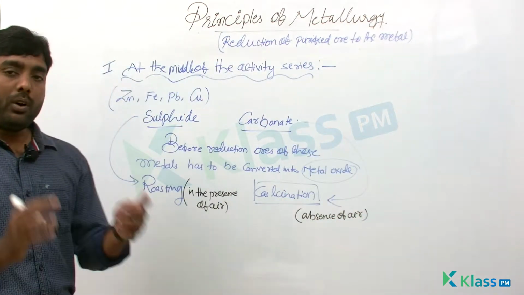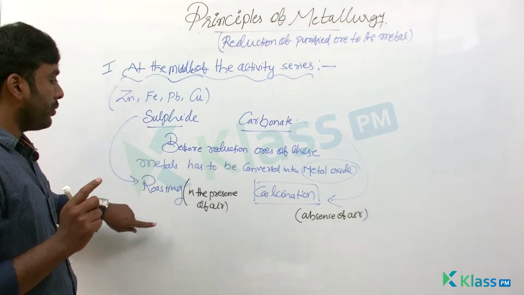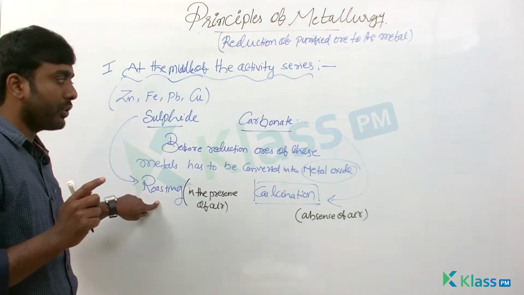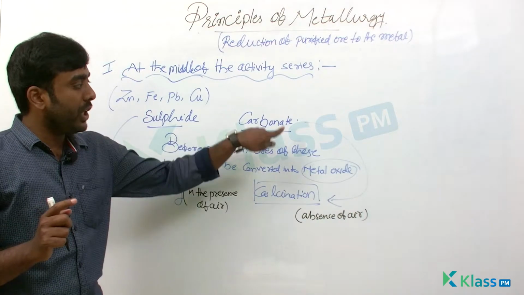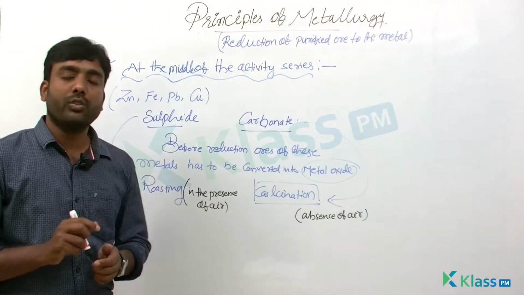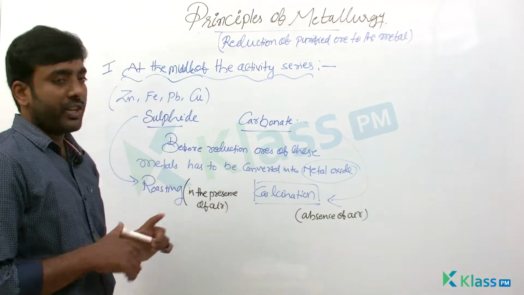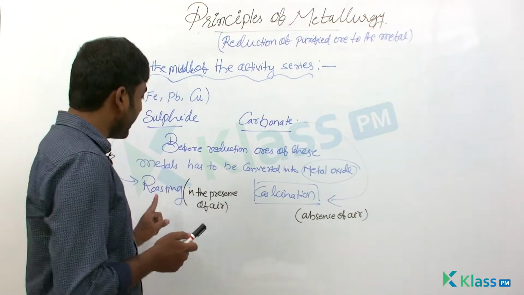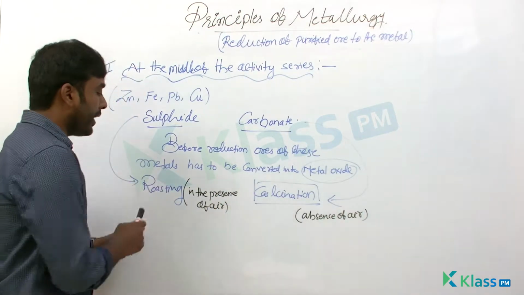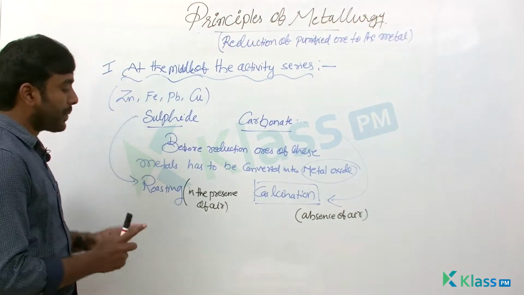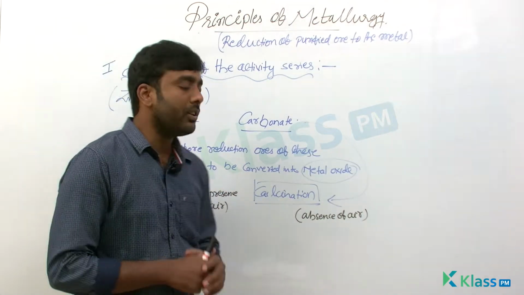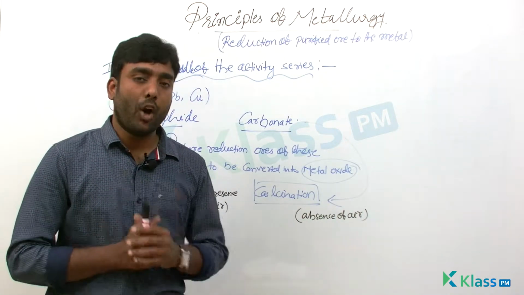To convert sulfide ore into metal oxides, we will go for the roasting method. To convert carbonate ores to their metal oxides, we will go for the calcination method. The difference is that roasting is strong heating in the presence of air, and calcination is strong heating in the absence of air.